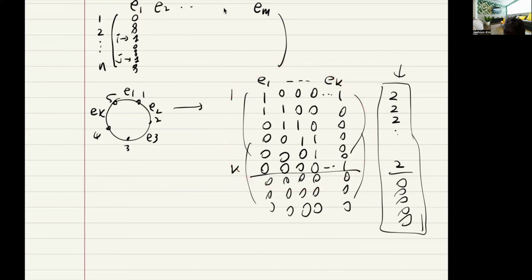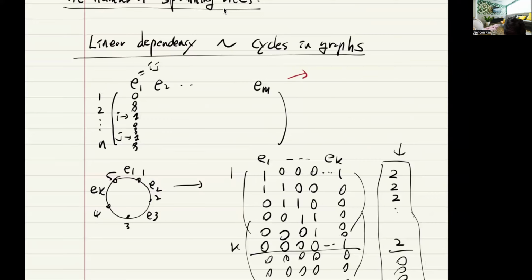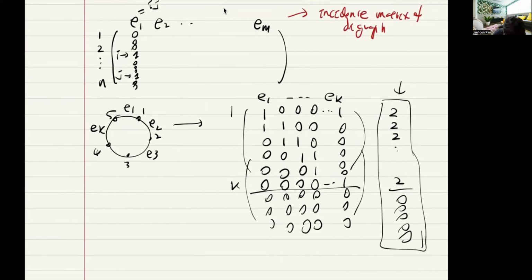But since it's more convenient if we work on the real numbers, we can instead consider the incidence matrix of a directed graph. Meaning that for each edge, you give an orientation in an arbitrary way.